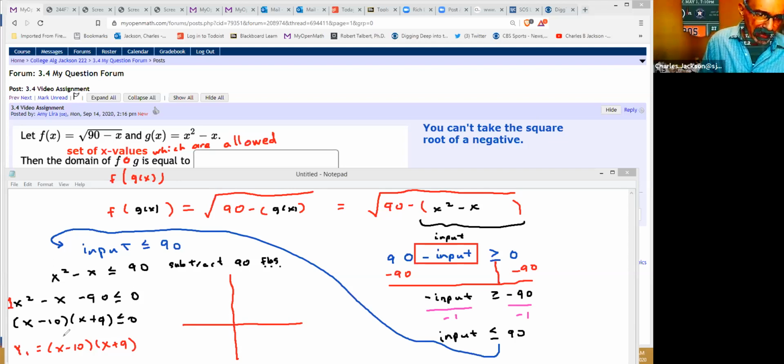You put a 10 in there, you blow up this factor. 10 minus 10 is 0. 0 times anything is 0. So the point 10, 0 is on the graph. Similarly, negative 9, 0. Actually, this is going to give us the answer. An upward opening parabola.